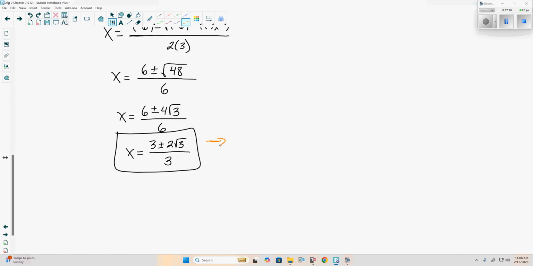And especially if you've looked this up, some sites, when they solve this, will break it up even further into this here, because they split the fraction into 2 parts. The first part ends up being 3 over 3, and 3 divided by 3 is our 1, plus or minus 2 square roots of 3 over 3.